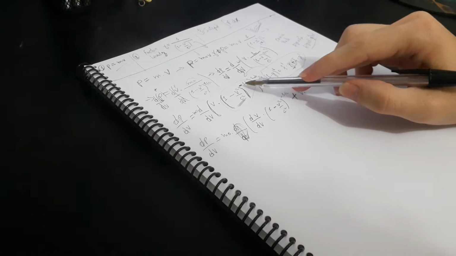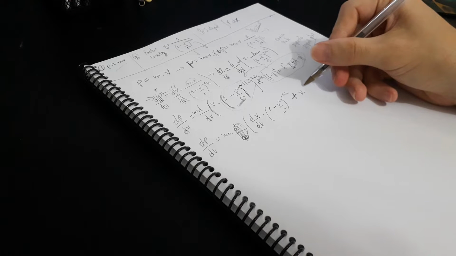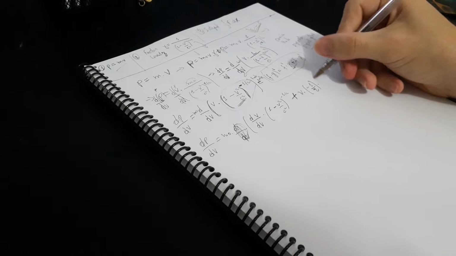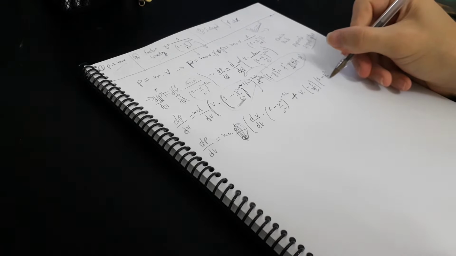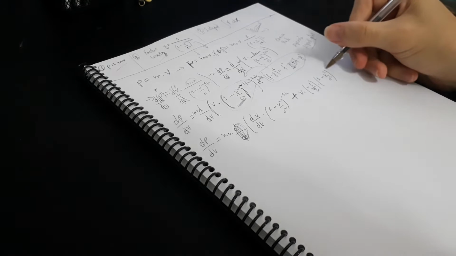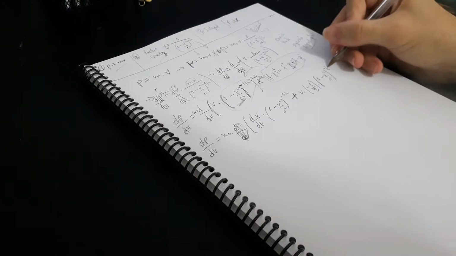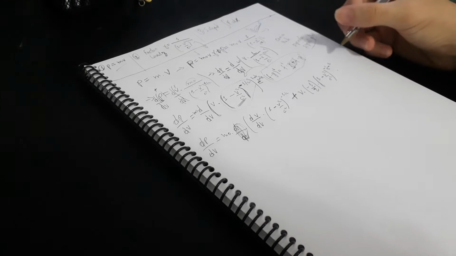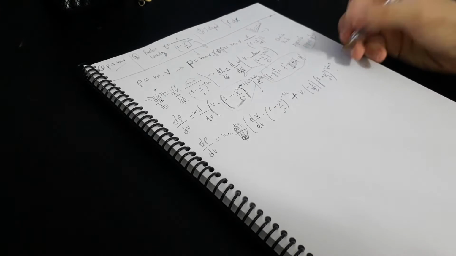For this function I will use the power rule, which means my exponent goes down and I subtract 1 from it, times the inside function inside this parenthesis.